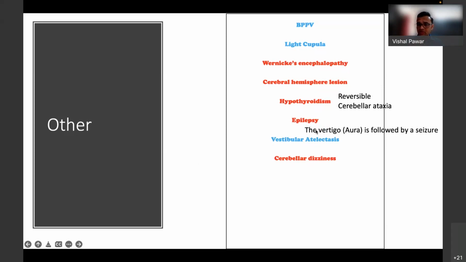Epilepsy: there is one epilepsy called tornado epilepsy, in which vertigo happens as an aura symptom before a seizure. But by and large, all patients will get a seizure. It is not that patients will present with isolated vertigo in epilepsy. Patients will develop loss of consciousness and typical seizure symptoms.